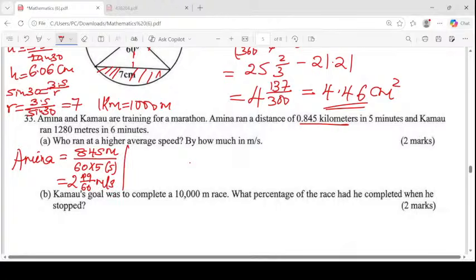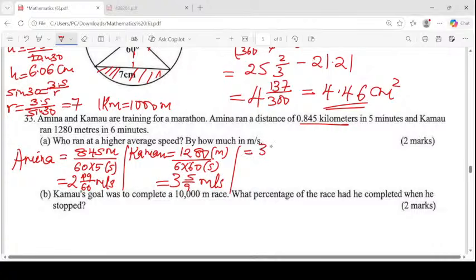Let me also compute for Kamau. The speed of Kamau will be 1280 divided by 6 times 60 to convert it to seconds, because now this is in meters and this has become seconds. That's like saying 1280 divided by 360. This is 3 whole number 5/9 meters per second. Let's get the difference.